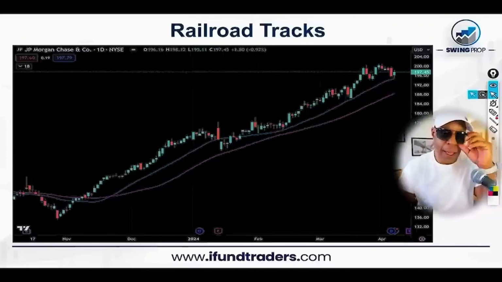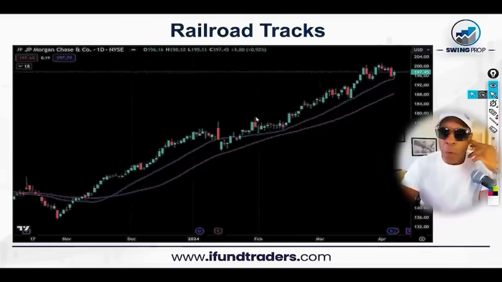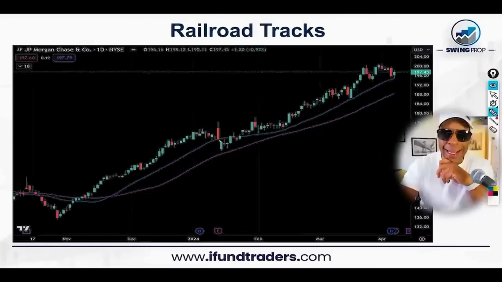And what I want to also point out to you, which we'll focus on a bit more, is that there is a zone between your railroad tracks that becomes a very juicy buy zone.